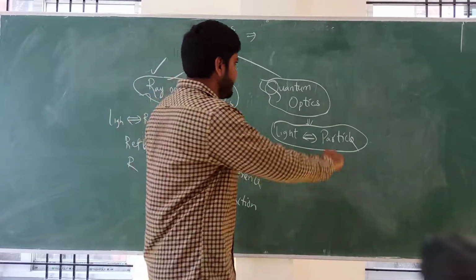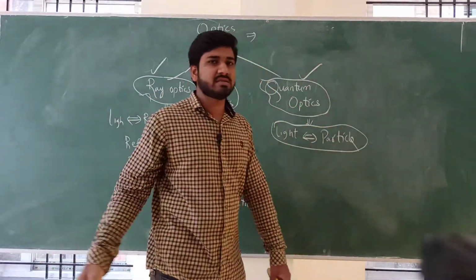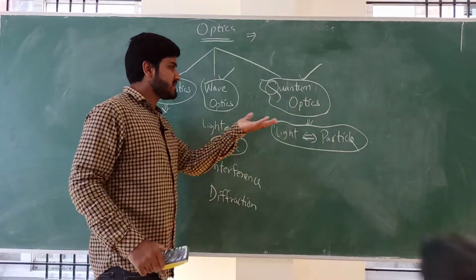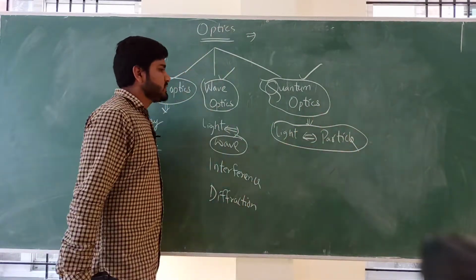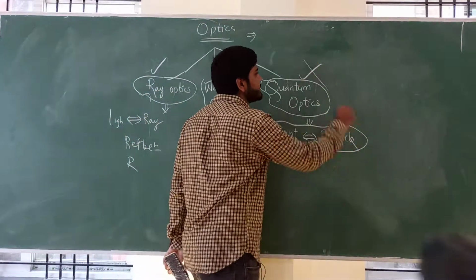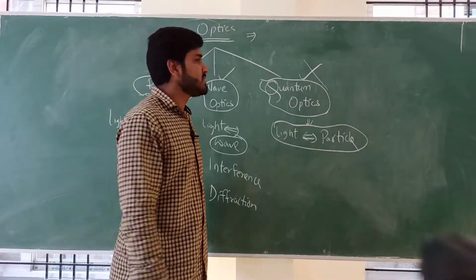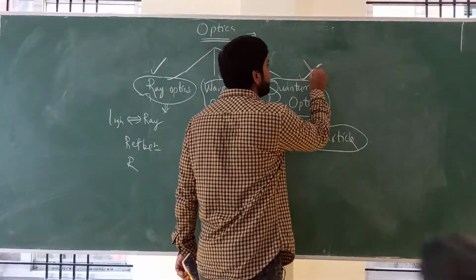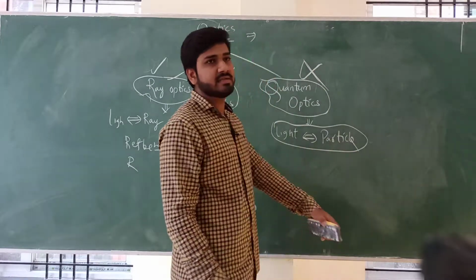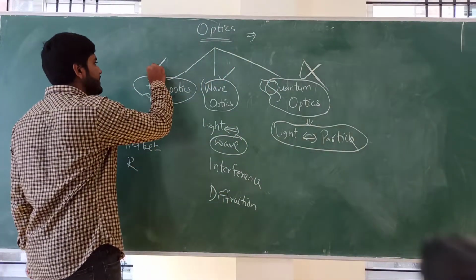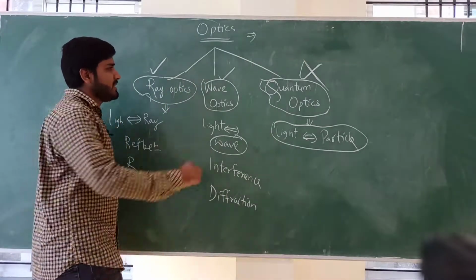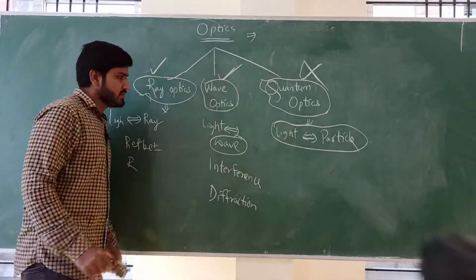Quantum optics is a very advanced branch, so we are not going to study it in the PU-2 syllabus. We will study it in higher classes, in master's degree and so on. But in your syllabus we have ray optics and wave optics. Okay, so let's start.